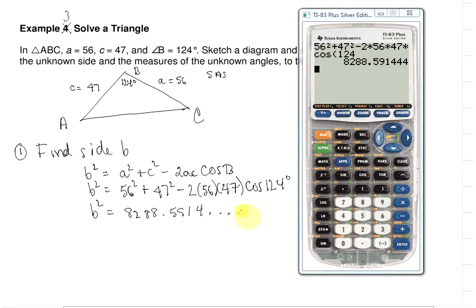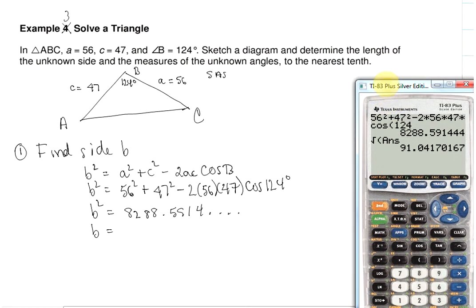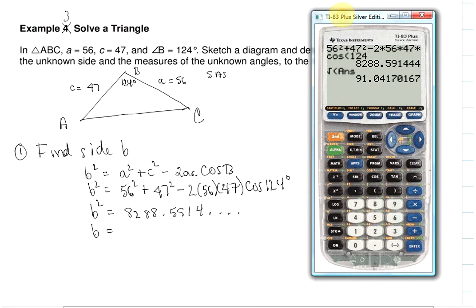8288.5914 dot dot dot. And so square rooting that, I'm going to go second x squared and second answer, and I get, to the nearest tenth, 91.0417.